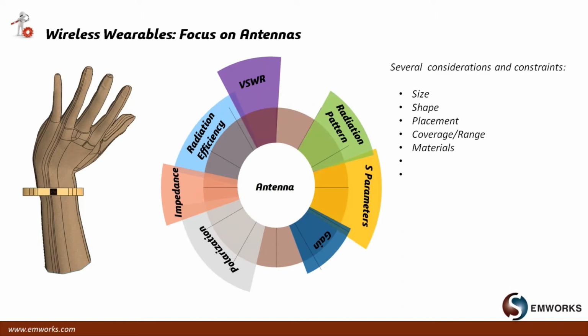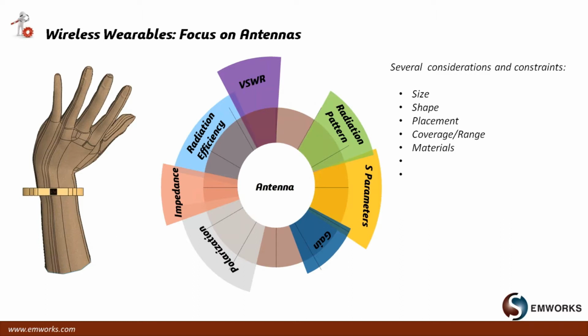You usually have to design these antennas subject to certain considerations: size, shape requirements, placement, what kind of coverage you want to obtain, what materials you can play with, and a whole number of other issues that can be of relevance to the designer and the product developer.